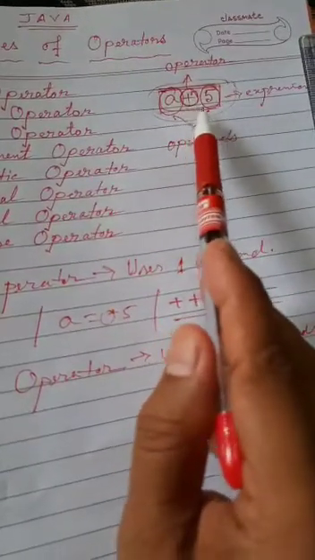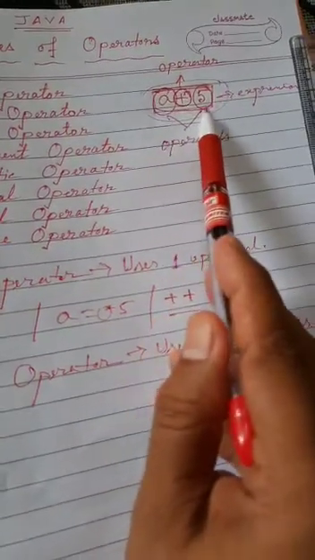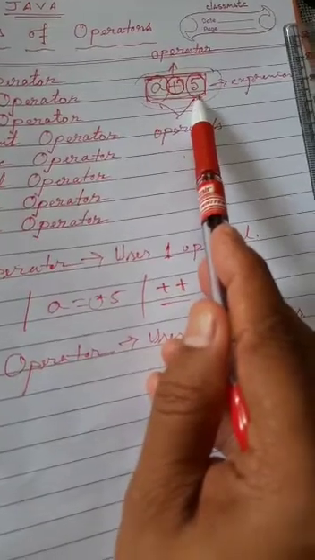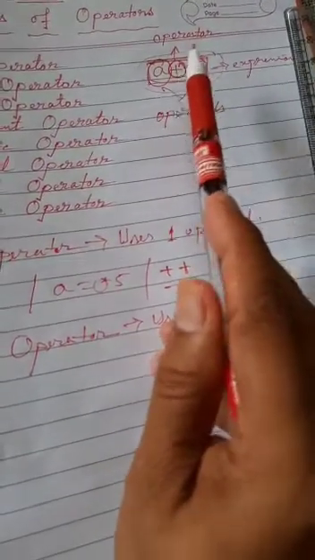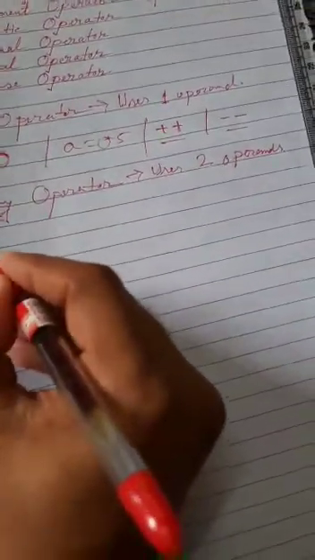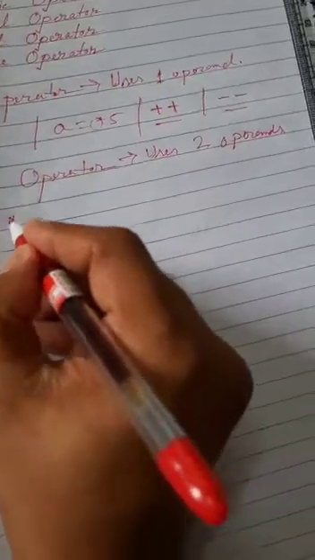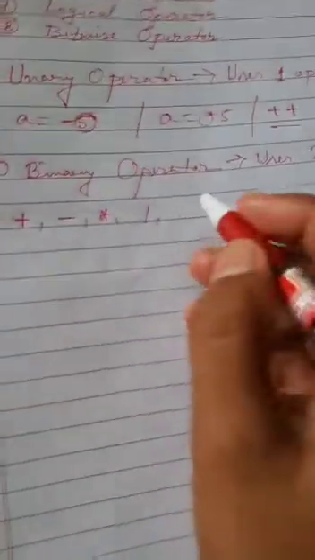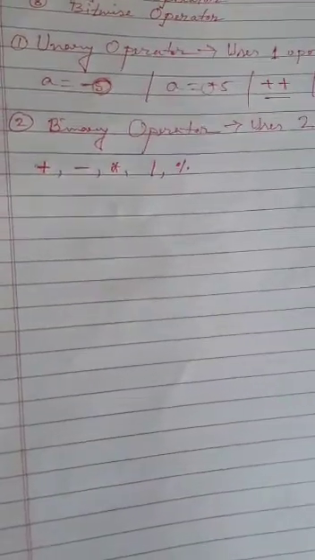Here two operands are used, so this plus is also a binary operator. The symbols plus, minus, multiply, division and the remainder or modulo operator, all these 5 operators are called binary operators as they work with 2 operands.